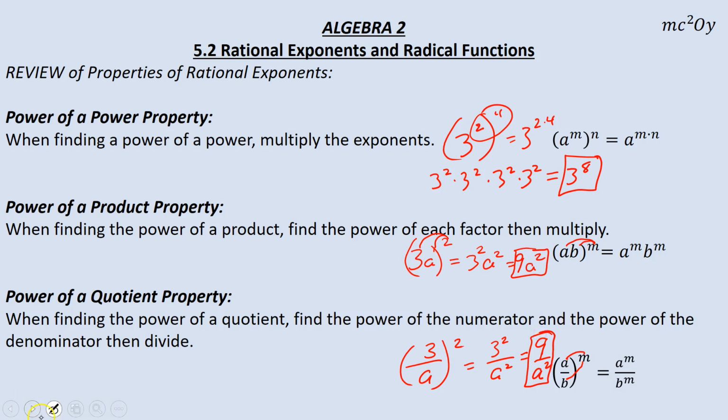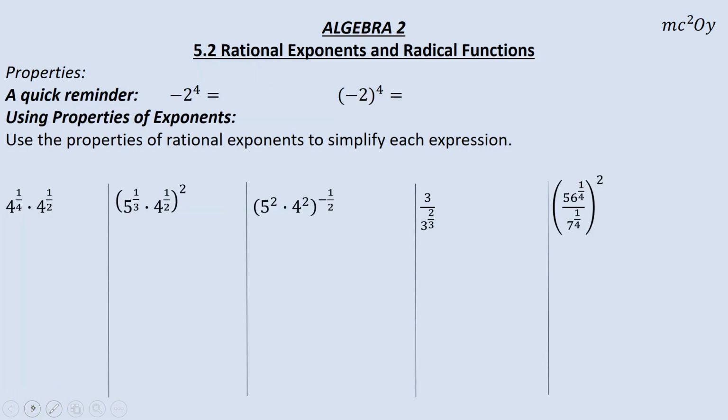All right. Well, now that we went through those reviews, let's actually try to work through some of these. Quick reminder, when you're dealing with negatives and powers, if the negative is not included in parentheses, say like this first one, negative 2 to the fourth, it really means you have negative 1 times 2 to the fourth, or negative 1 times 2 times 2 times 2 times 2, which actually is negative 16.